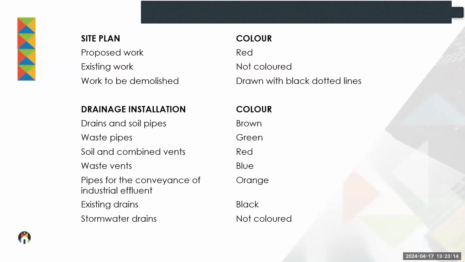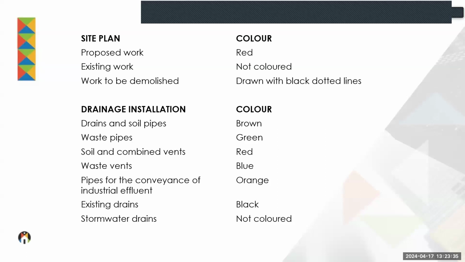On your drainage installation, drains and soil pipes, brown. And remember, you do not get a sewer on a site, you get a drain. Sewer is belonging to the local authority. Waste pipes is green, soil and combined vents red, waste vents blue.